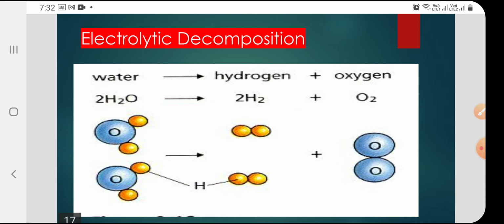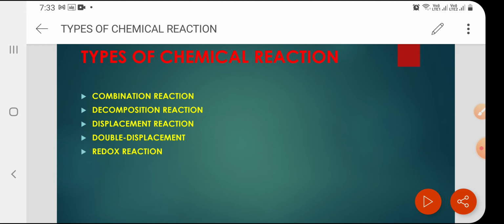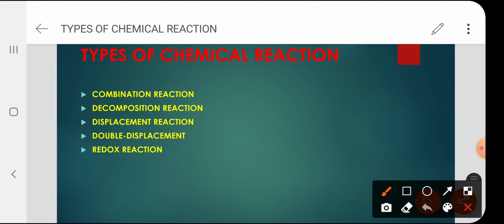Now we are coming to the next type of reaction, that is a displacement reaction. When we are talking about the displacement reaction, displacement means that something is changing its position. So what is a displacement reaction?